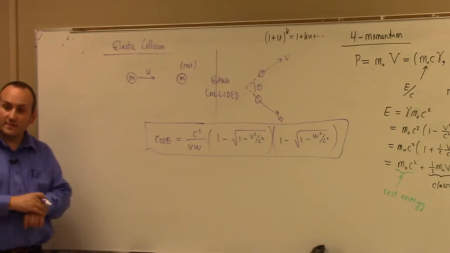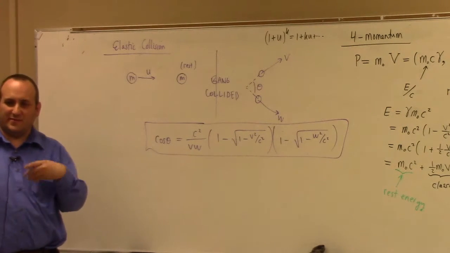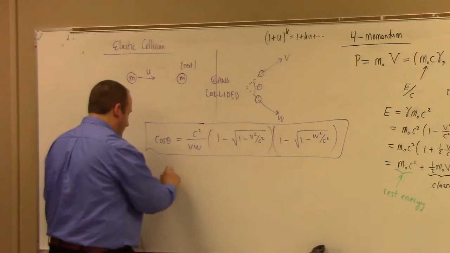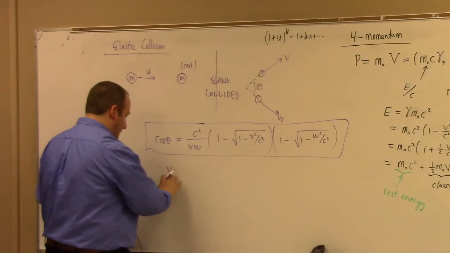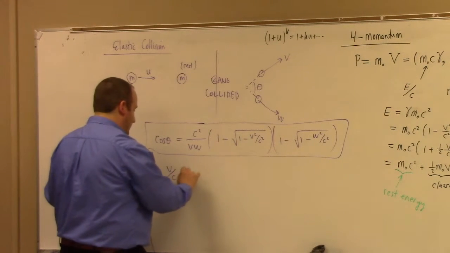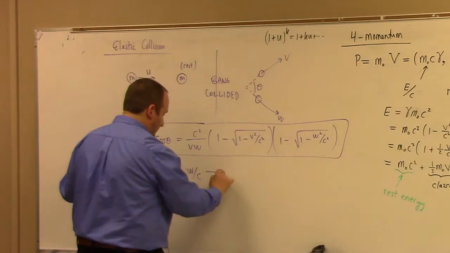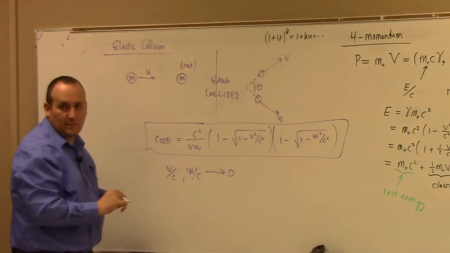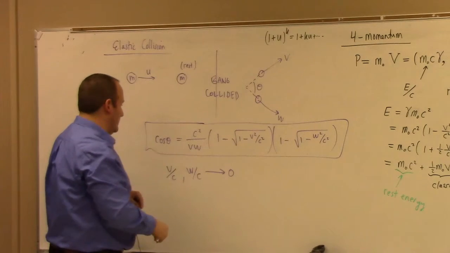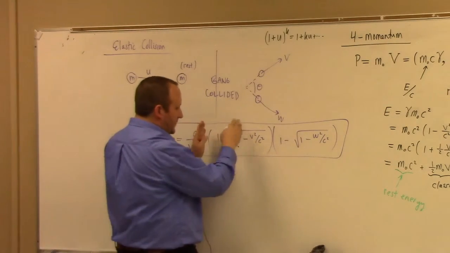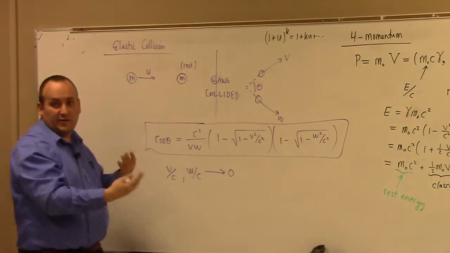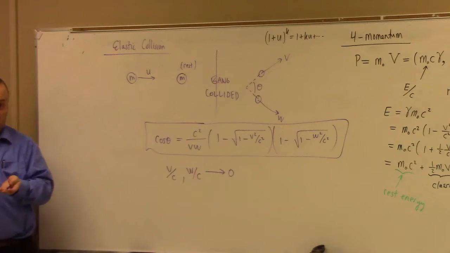There's a couple of competing things here, but if you calculate the limit carefully, in the limit that v over c and w over c go to 0, yeah, this is troubling, isn't it? But basically in that limit, these both go to 1 minus 1. And so if we were to work it out carefully, these win. And we get cosine of theta equals 0, which is what we found.